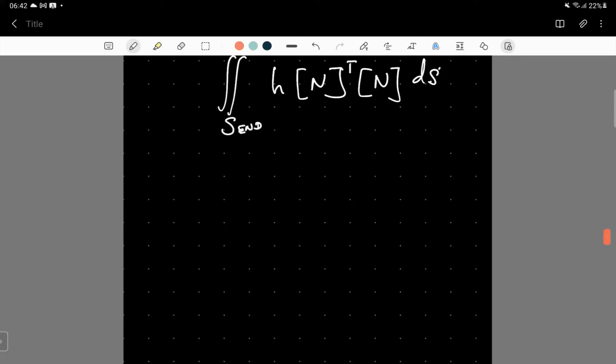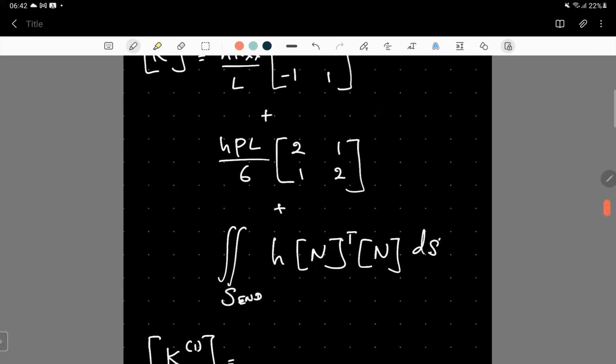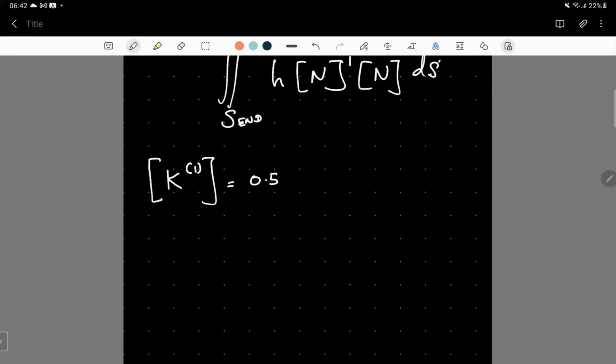So the element stiffness matrix for the first element, let's write it as K1, we simply substitute the values now. 0.5236 is the value we obtain for this A times Kx divided by L, multiplied with the corresponding matrix.